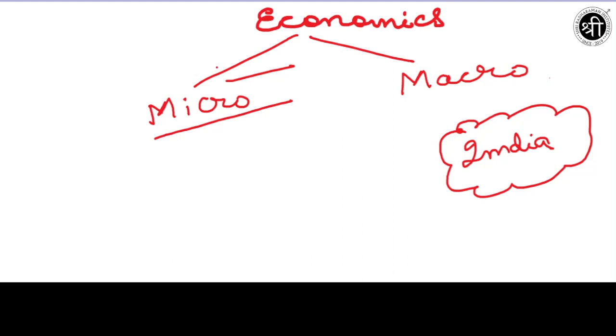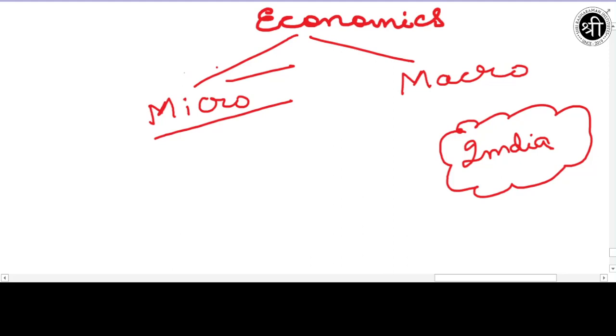We are also talking about all the economic behaviors of each and every individual living in the Indian economy. So when we study the economics of the whole country, or on a large scale, we study what we call macroeconomics.